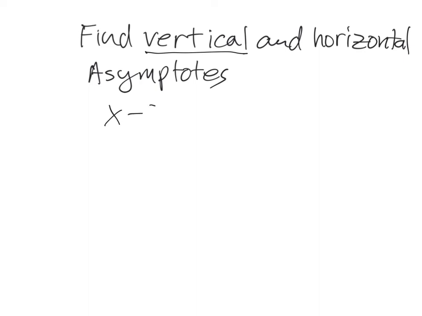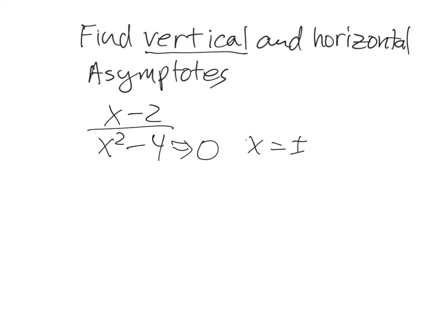Let's just say x minus 2 over x squared minus 4. Ultimately, we look at where the denominator is equal to 0, and we would get x is plus or minus 2. Well, then it depends on what's in the numerator, whether both of these will be vertical asymptotes or one of these will actually be where a hole is in the graph.